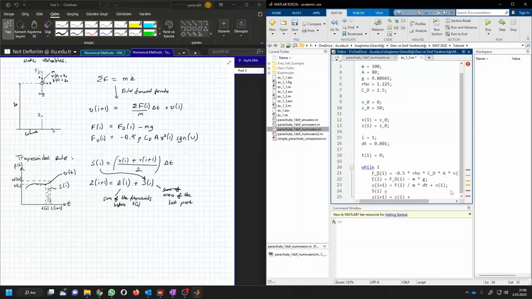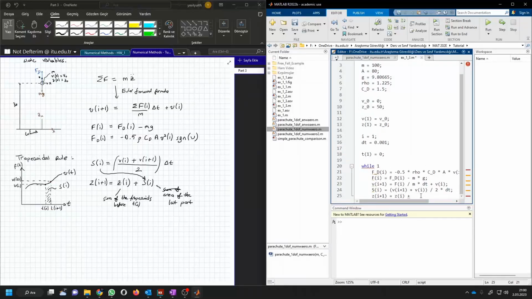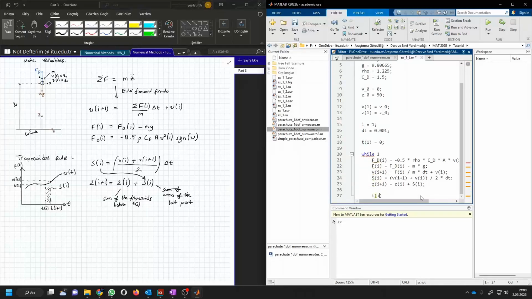Si will be equal to Vi plus 1 plus Vi over 2, the average of them, times dt, and Zi plus 1 will be Zi plus Si. Okay. I will also calculate my time series, Ti plus dt.